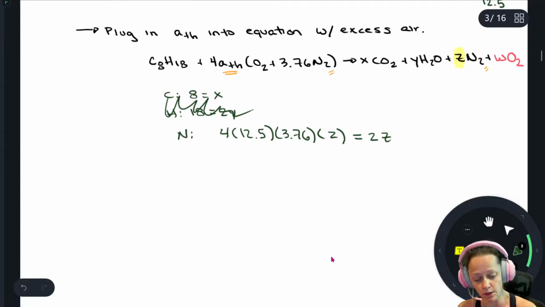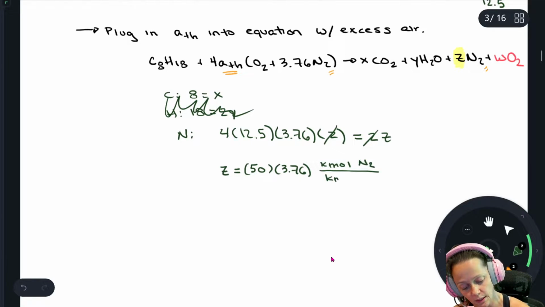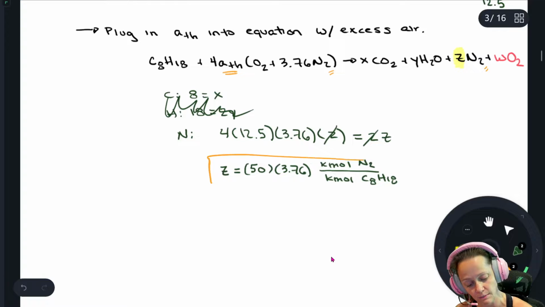It's just a matter of solving for Z. These 2's cancel out, so Z is 4 times 12.5, that's 50, times 3.76. And those units are kilomoles of nitrogen per 1 kilomole of C8H18. That is what we're looking for there.